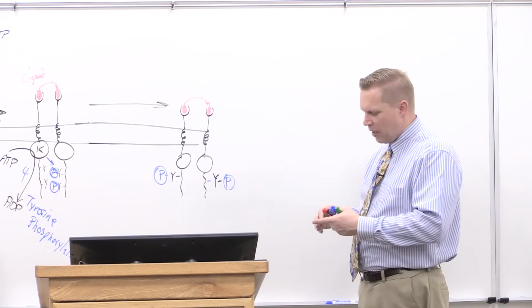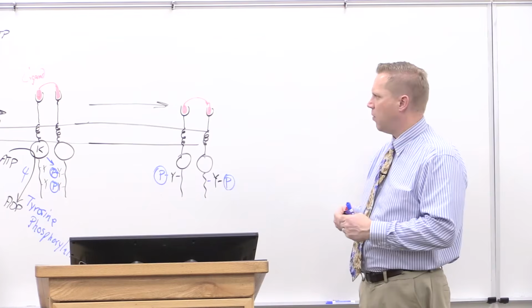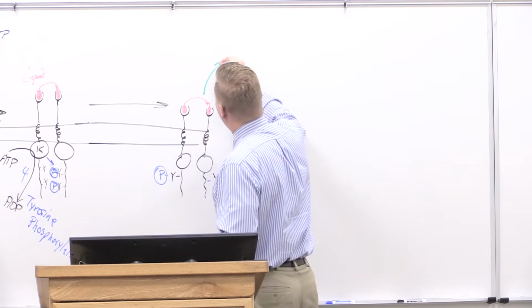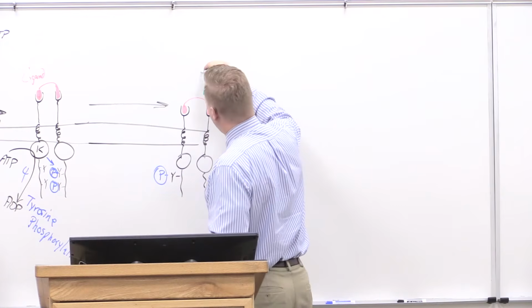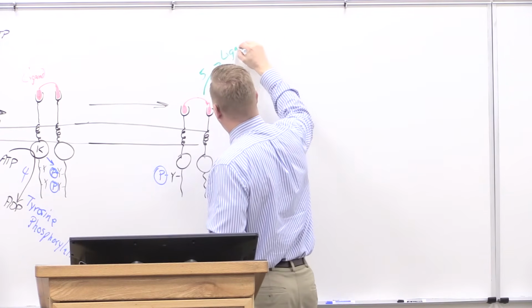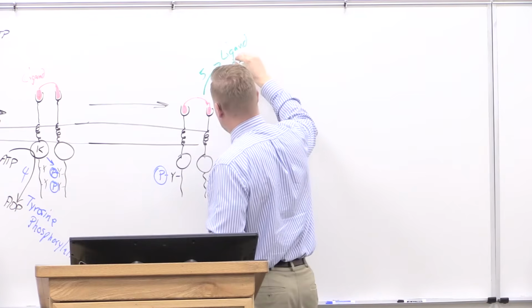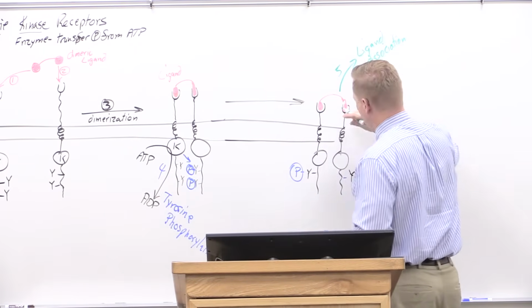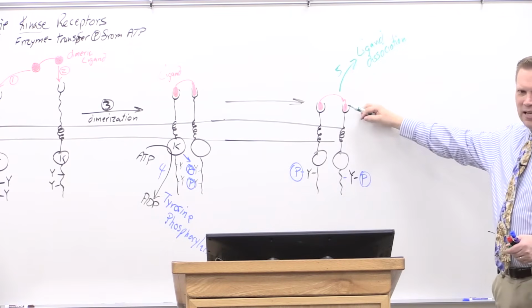Now, how do we deactivate this particular pathway? Well, for one thing, we can get ligand dissociation. So in step 5, we can have ligand dissociation. Now, in this case, just dissociating the ligand isn't going to do anything.